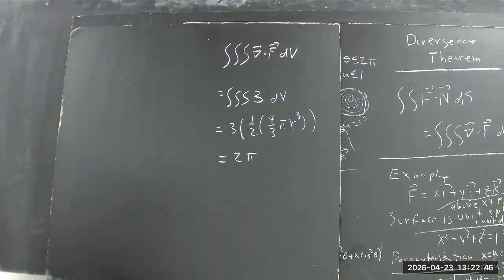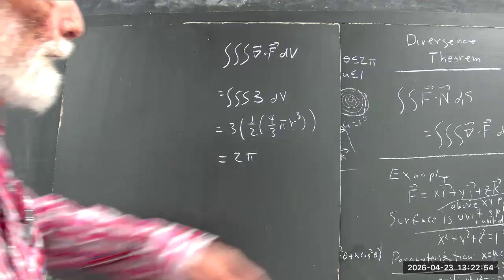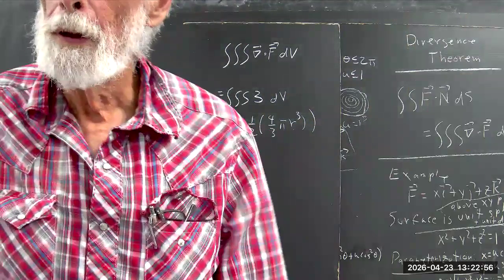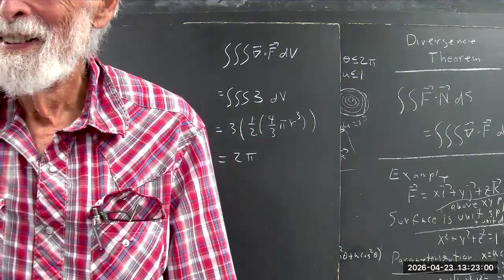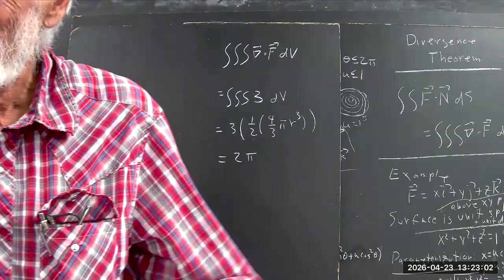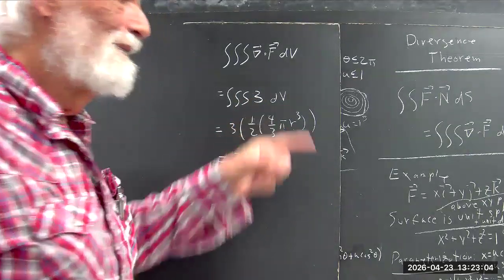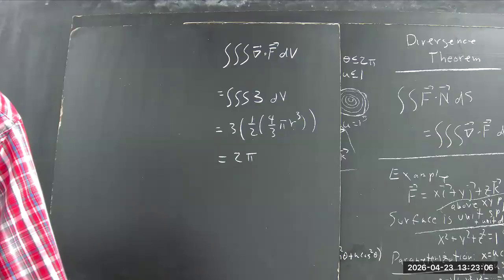Did it a different way, still got 2 pi. Okay. And if you integrated the divergence over the whole sphere, what do you think you get? 4 pi. Because you're integrating a constant over the volume.